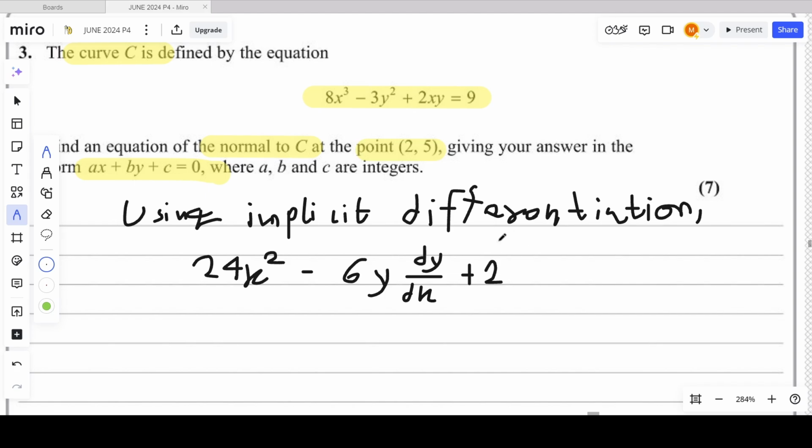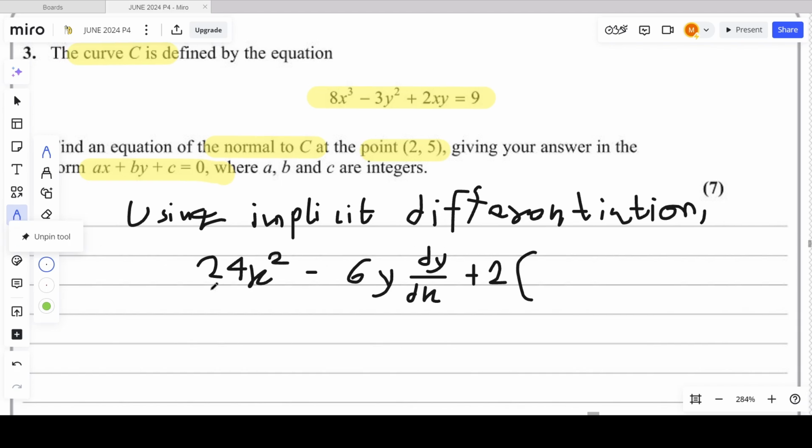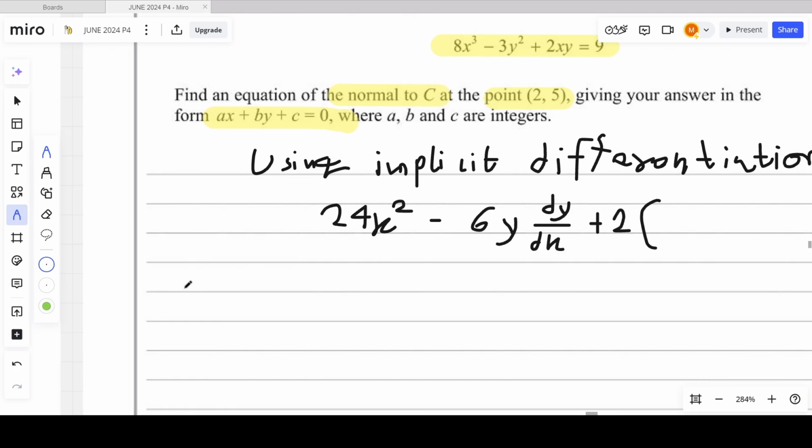2xy. Here we have x times y, two different variables, so we need to use the product rule. Consider u equals x and v equals y. Differentiating, du over dx is 1, and dv over dx is 1 times dy over dx, since we are differentiating y.